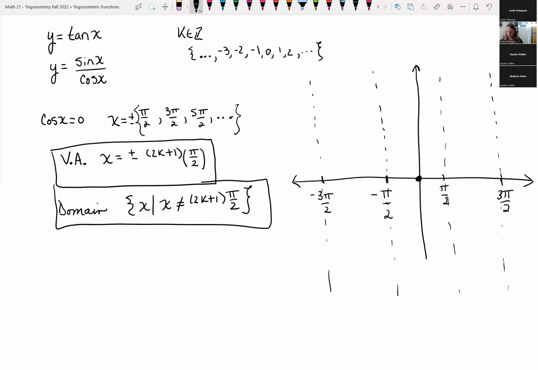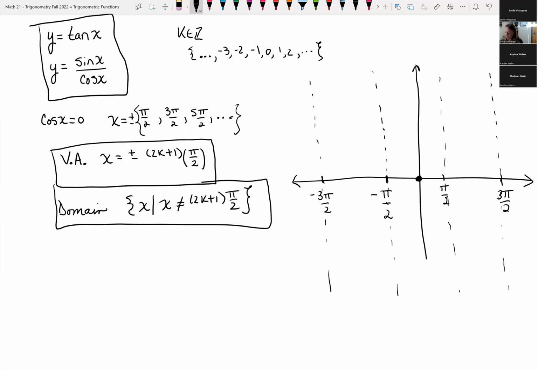If you plug in 0 into our function of tangent of x, or if it helps you, sine of x over cosine of x, sine of 0 was 0 and cosine of 0 was 1. So 0 over 1 gives us 0, 0.